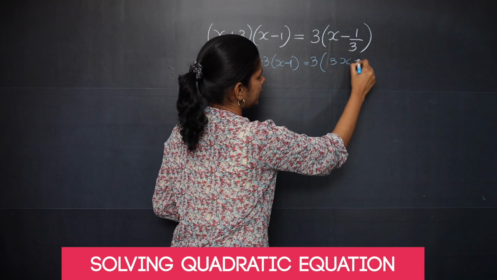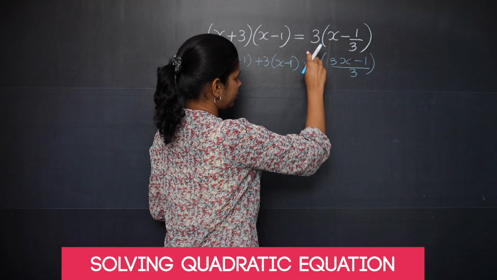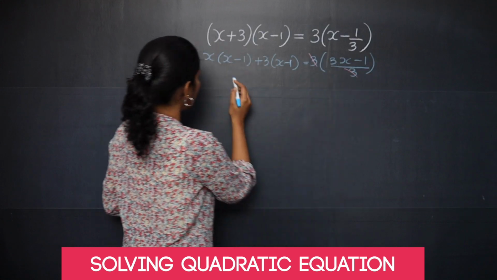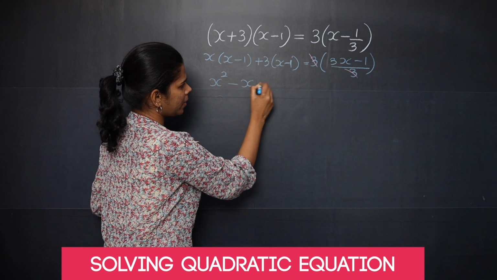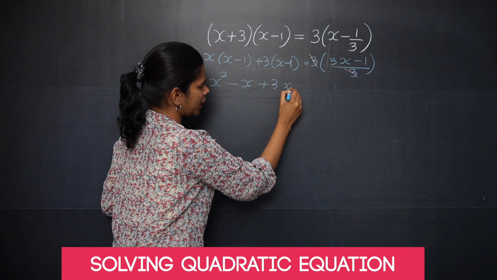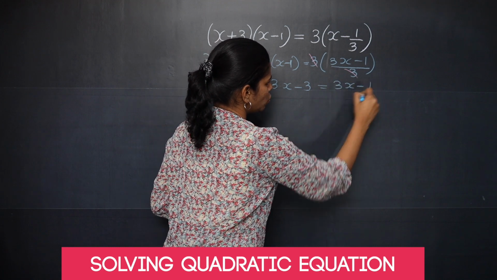So 3x minus 1 the whole divided by 3. Here 3 and 3 get cancelled. So now this becomes x square minus x plus 3x minus 3 equal to 3x minus 1.